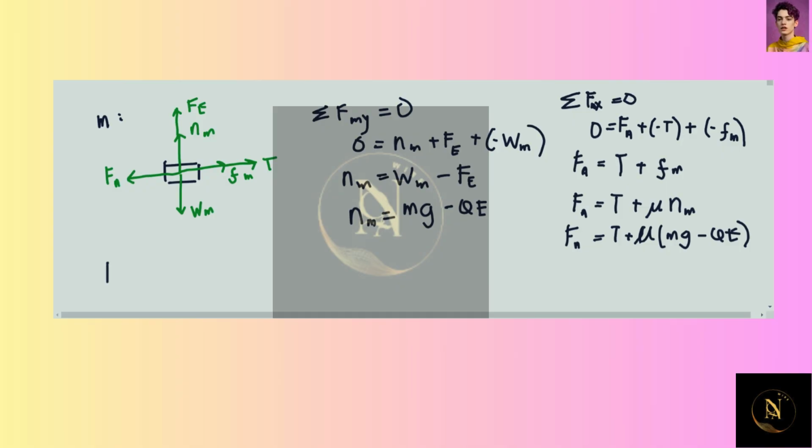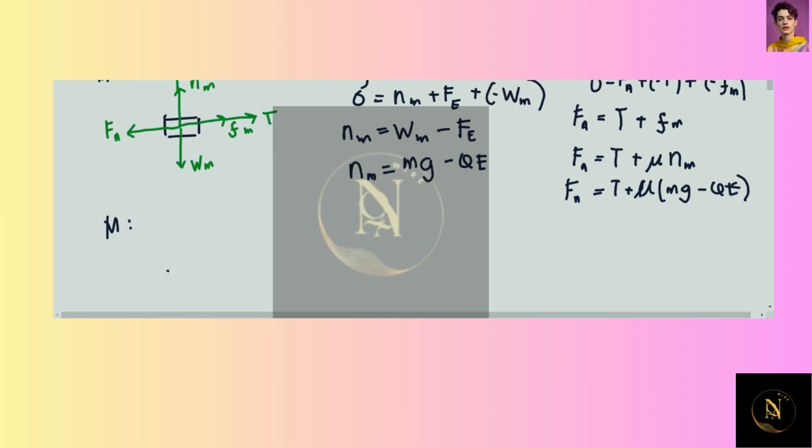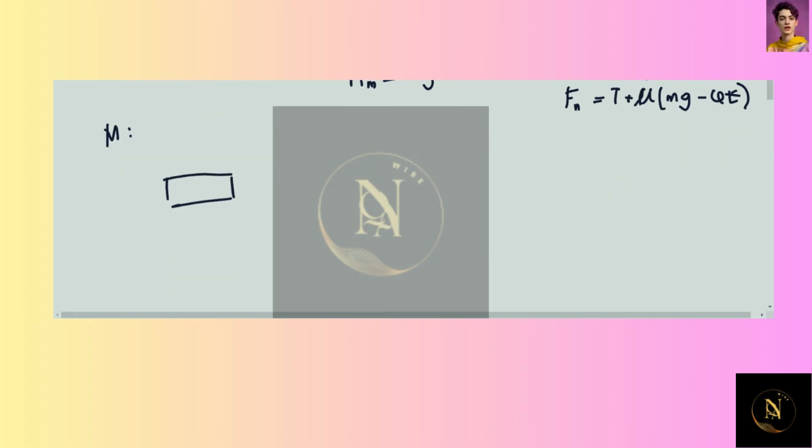Now, for the large block, assuming this is the large block, the forces acting on its body are its weight, the normal force, the normal force of the smaller block, the tension of the string, and the friction due to the small block.